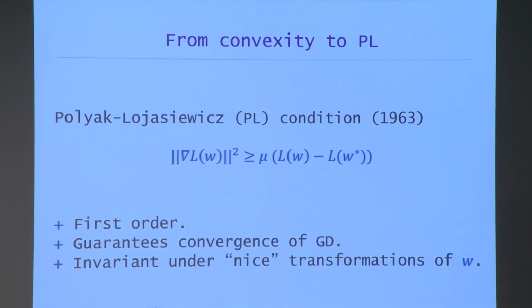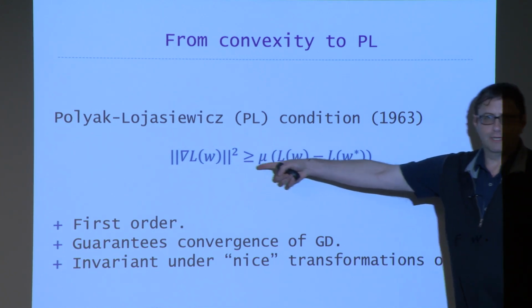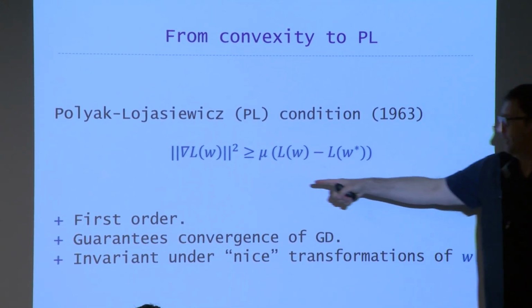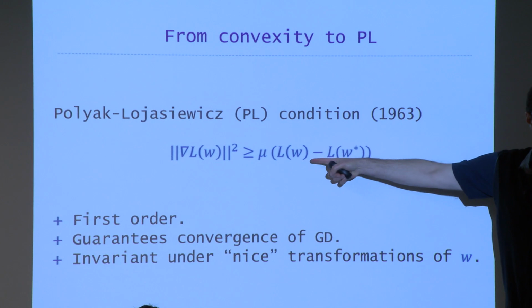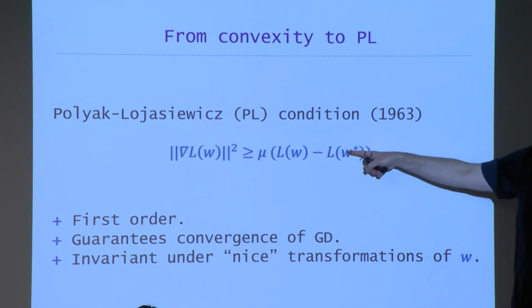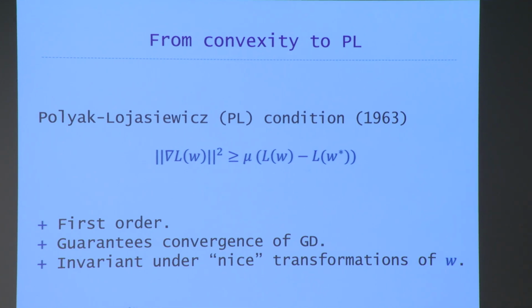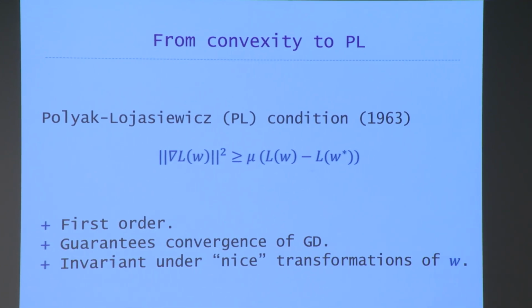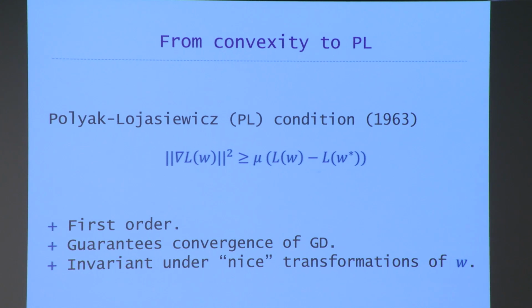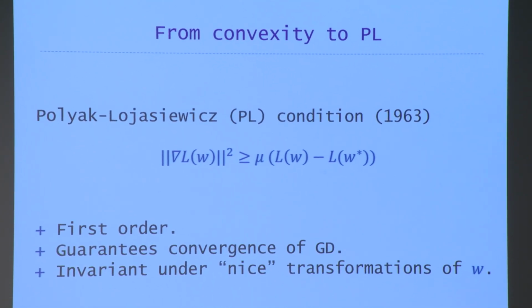It simply says that there is a lower bound on the gradient: the gradient is bounded by the value of the loss function minus the function at its minimum. And this is very nice because it is a first order condition. It guarantees convergence of gradient descent, and it's invariant under nice transformations of W. You want to have some sort of nice Jacobian of the transformation, but it's not a very strong condition.